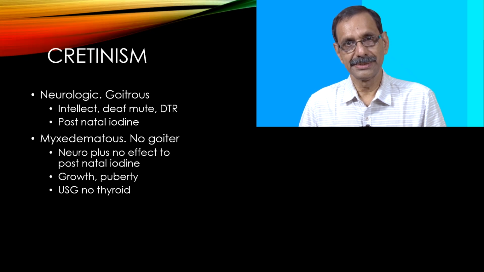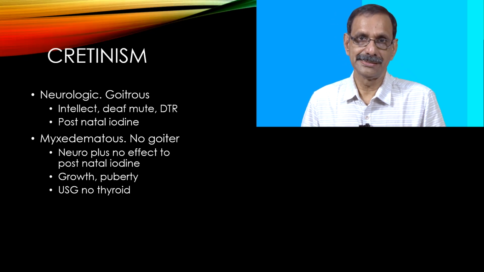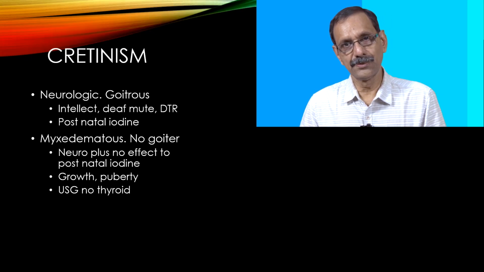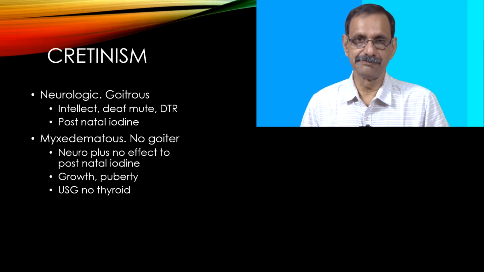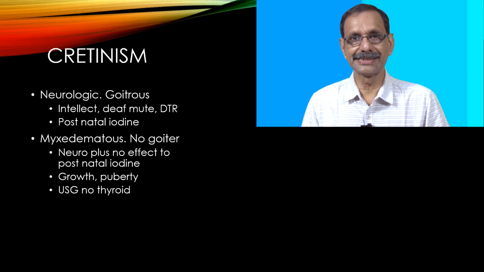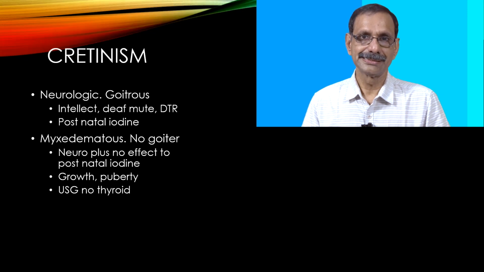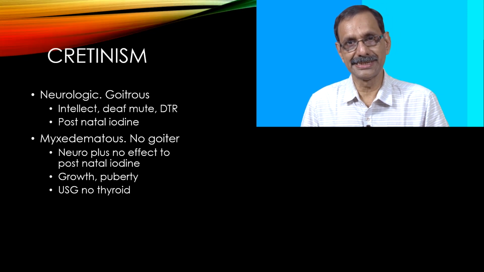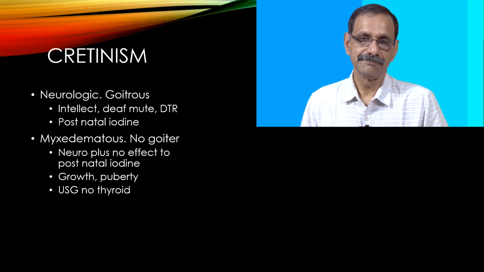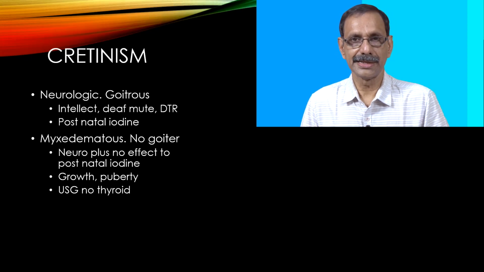Congenital hypothyroidism in a non-iodine deficient mother, that baby will develop normally once you supplement thyroxine from birth onwards. Why? Intrauterine thyroxine requirement is taken care of by the mother's thyroxine transplacentally transferred as T4, and the baby is not having a developed thyroid gland, so naturally postnatally you will require supplementation with thyroxine.